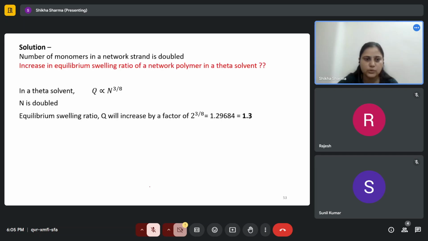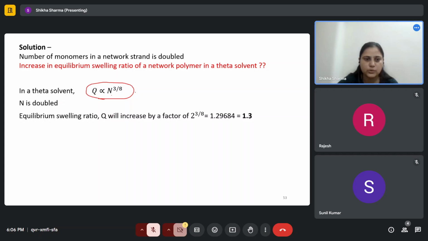In the theta solvent, the equilibrium swelling ratio Q of a network polymer is directly proportional to n to the power 3 by 8, where n is the number of monomers in a network strand. So n is doubled, so n will become 2n.